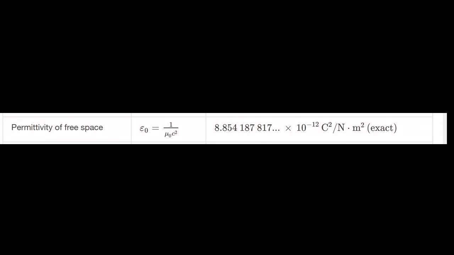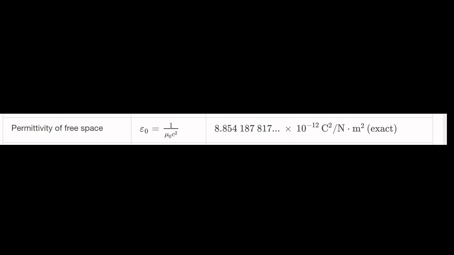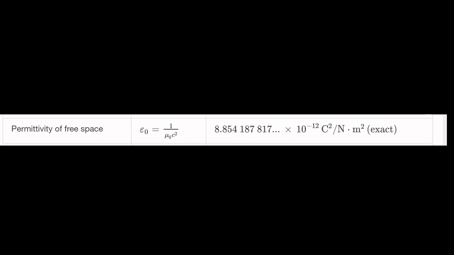And epsilon 0 is equal to 8.854187817 times 10 to the negative 12 Coulomb squared per Newton meter squared. This is an exact value as defined by the current system of units. And essentially what this does is this sets the scale for how we measure charges relative to forces.